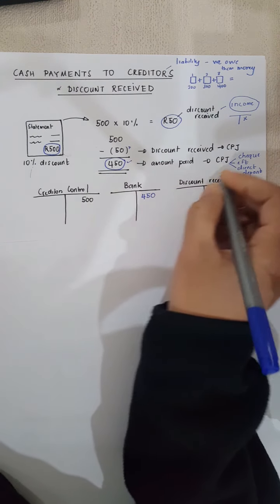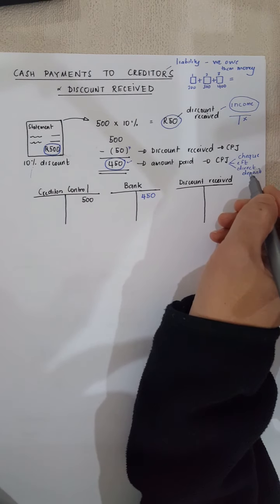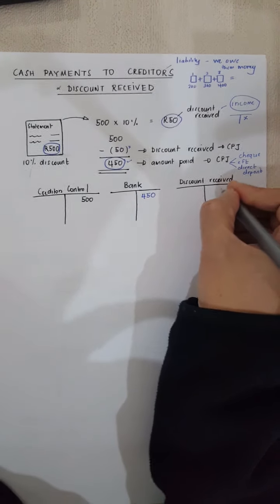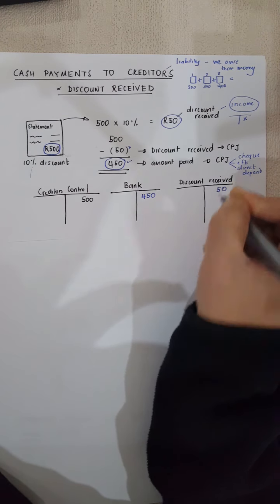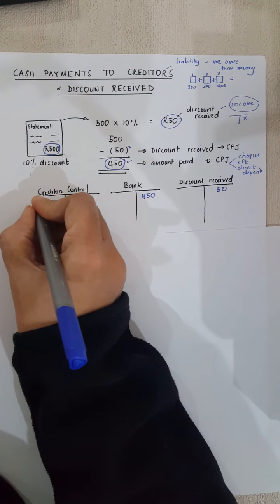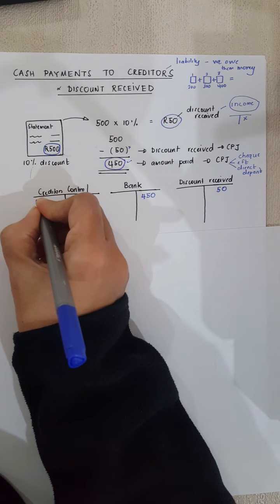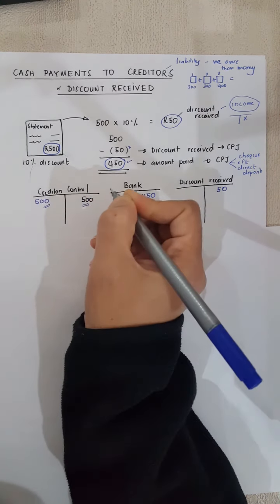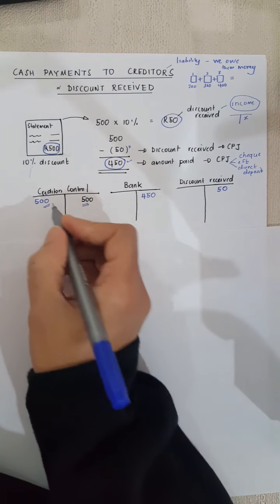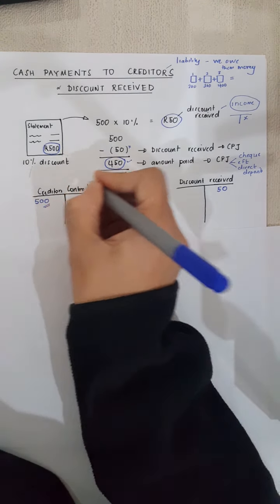That's the amount you're going to see on the check, on the EFT, or on the direct deposit. Then I'm going to credit my discount received with 50 Rand, and I'm going to debit my creditors control with 500 Rand. So then this account gets closed off. So I've accounted for that 500 Rand. So this is a liability.